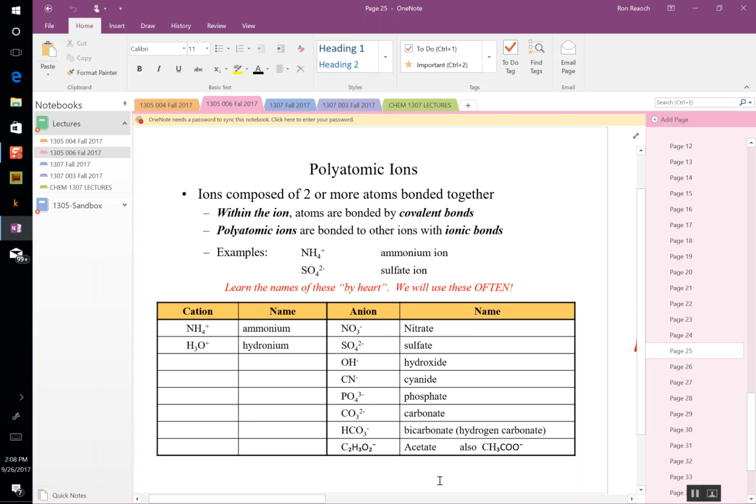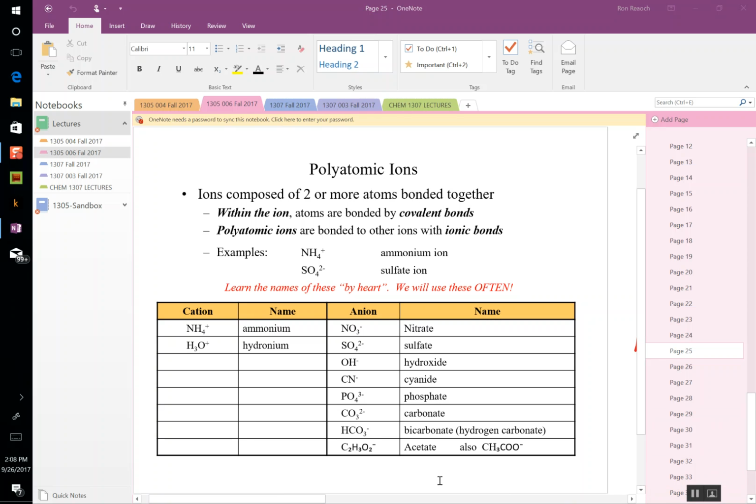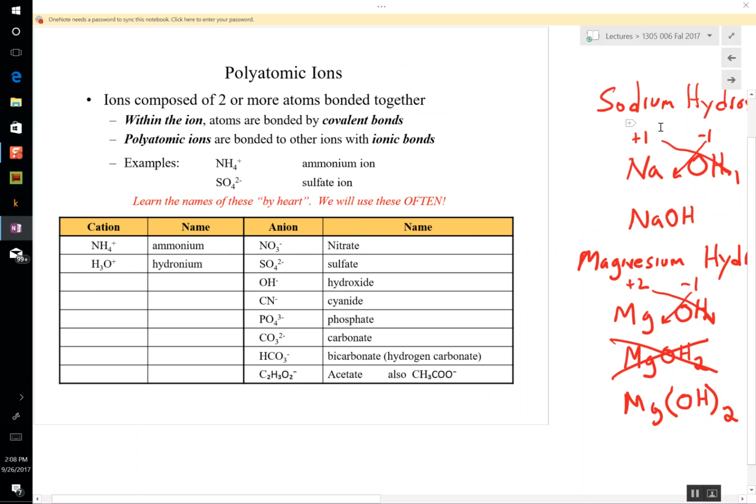Working on here, but I'm going to also write a lot of stuff on the board as well. There's probably about four major components, four sections we have to deal with in terms of naming compounds.